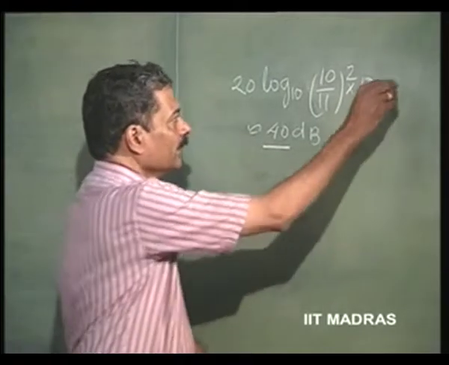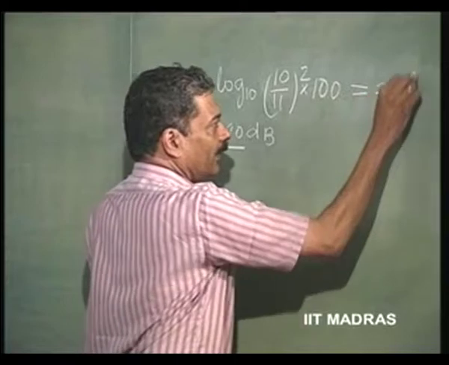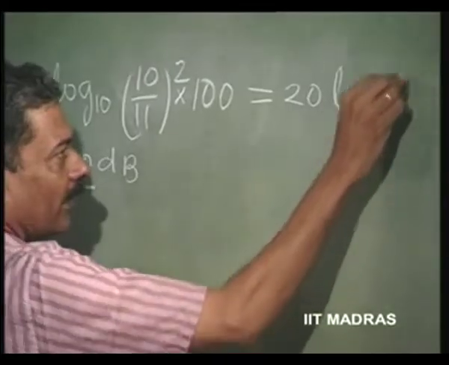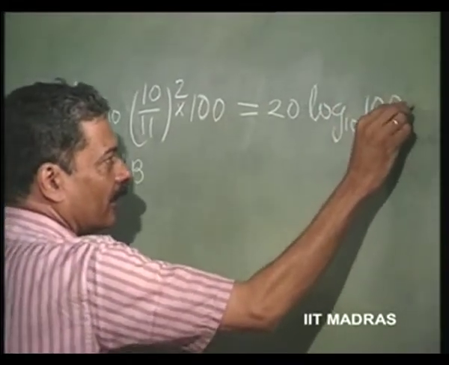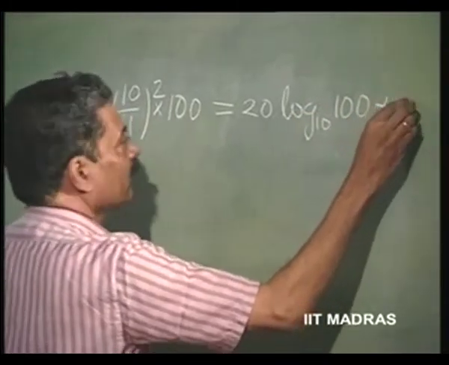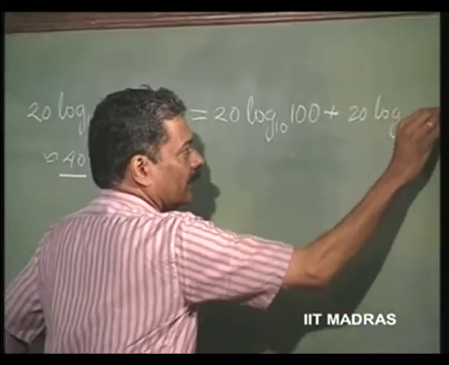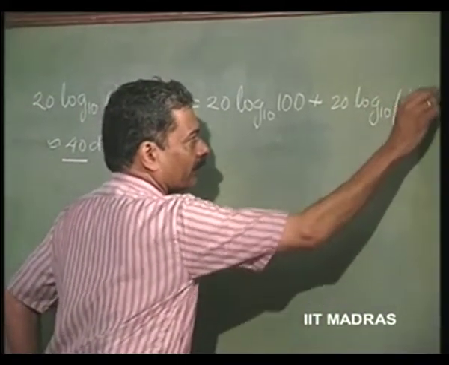So, this gain now can be more exactly given as 20 log to the base 10 of 100 plus 20 log to the base 10 of 10 over 11 whole square.